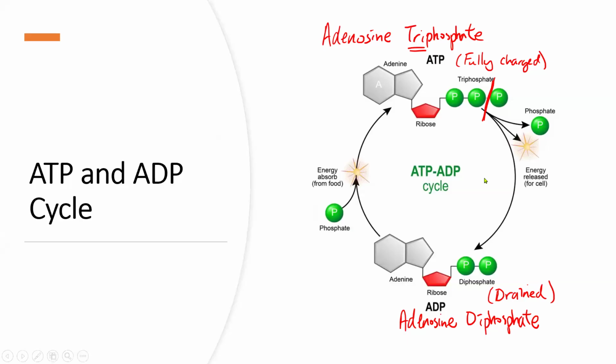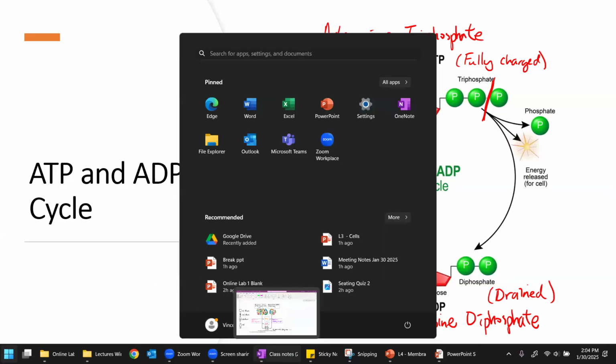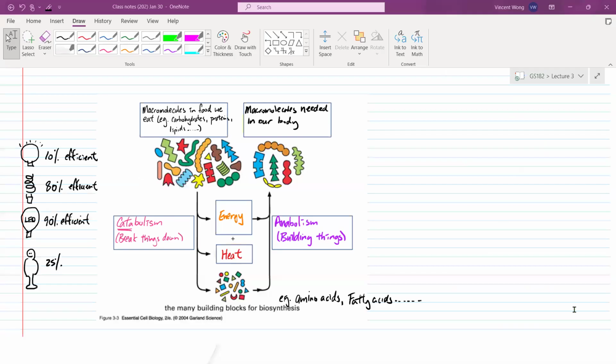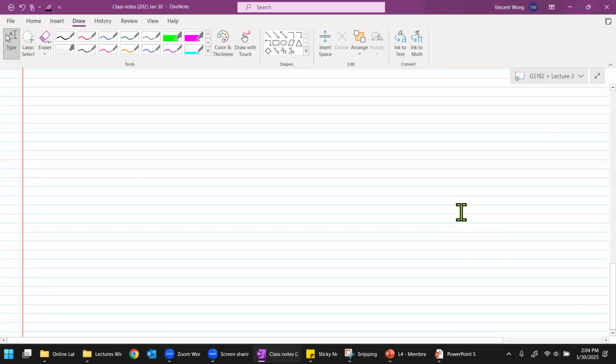Okay, let me put it into perspective for you in relation to catabolism and anabolism. Okay, so a new diagram.